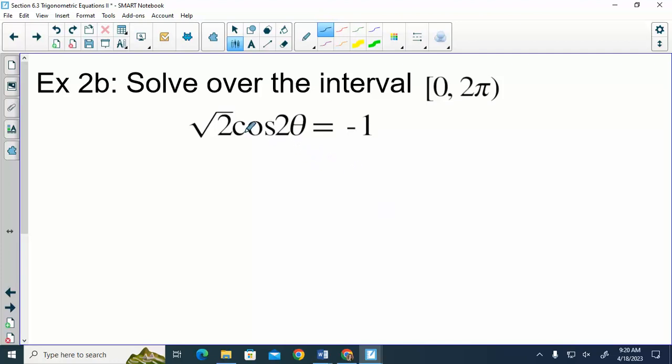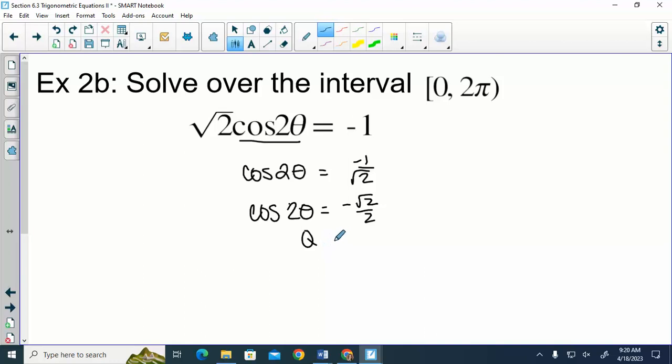Would I have to use a double angle formula this time? No. You could, but because this is my only trig function, I could just get it by itself. So if we divide over the square root of 2, that would be like saying negative square root of 2 over 2.